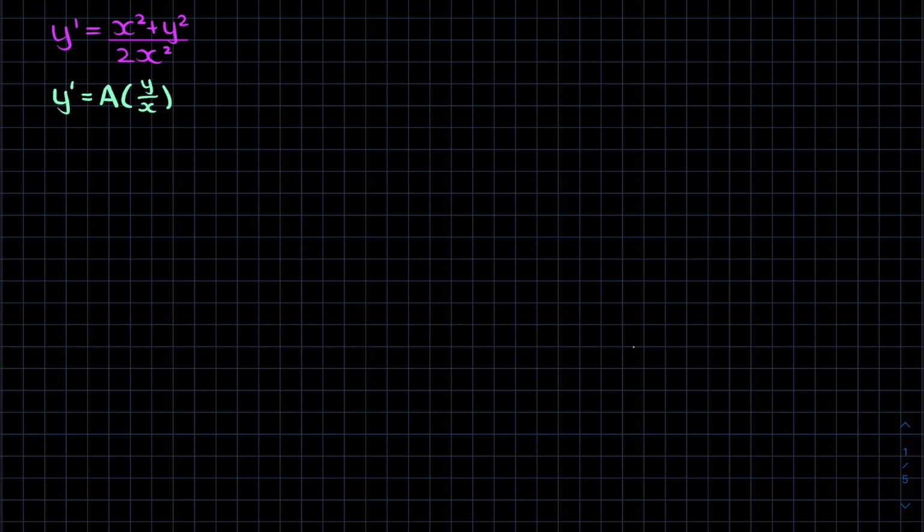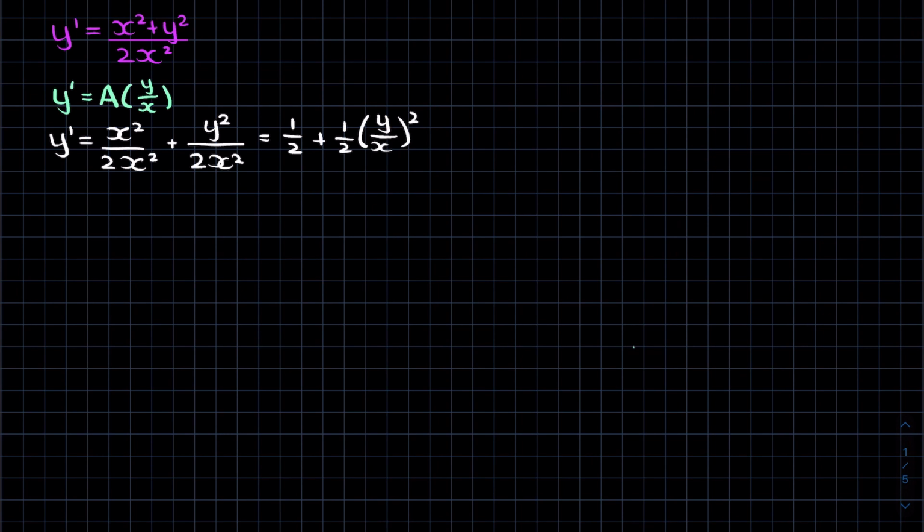So we can rewrite the differential equation as y prime equals x squared over 2x squared plus y squared over 2x squared. Now simplifying this further, we just get a half plus a half (y over x) squared.